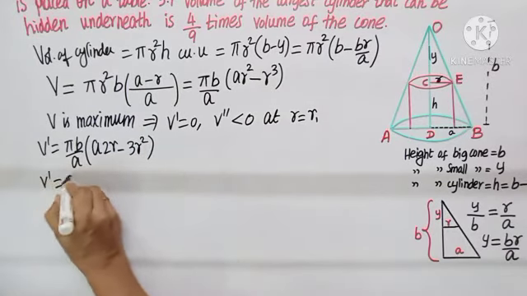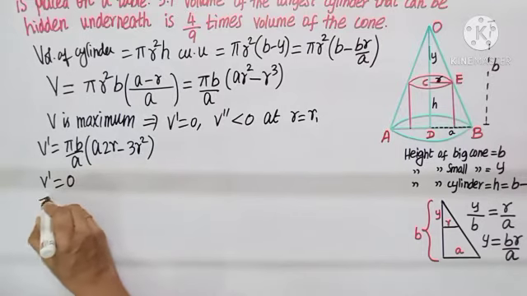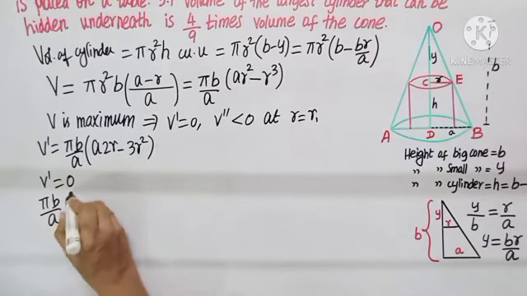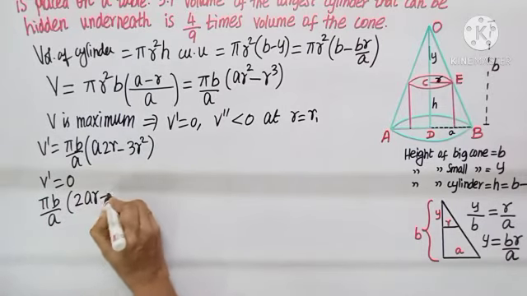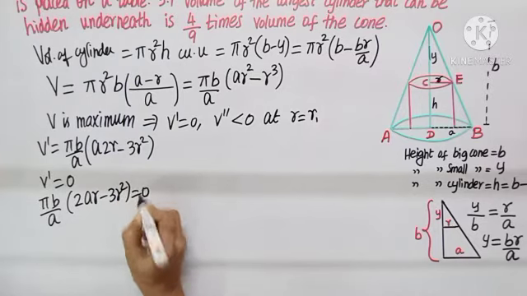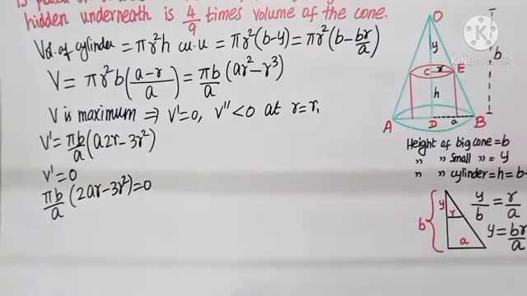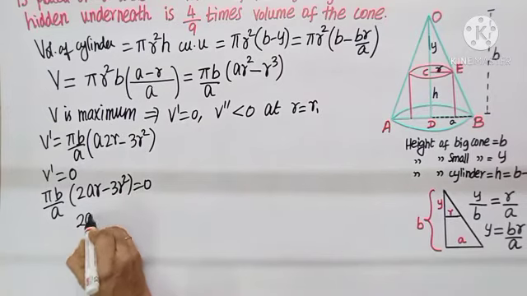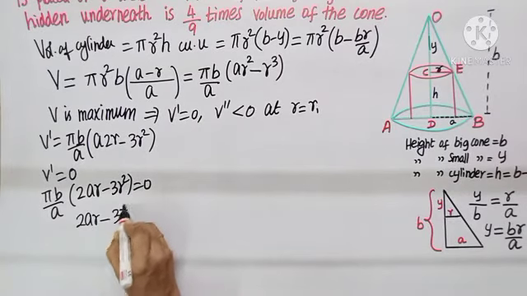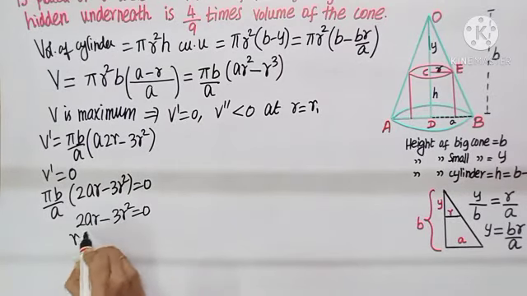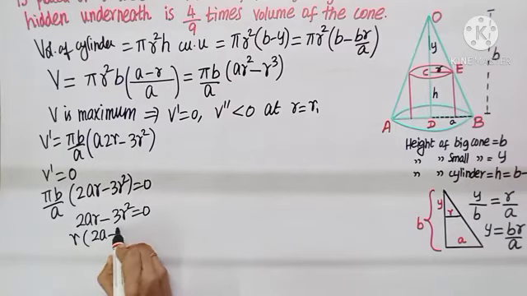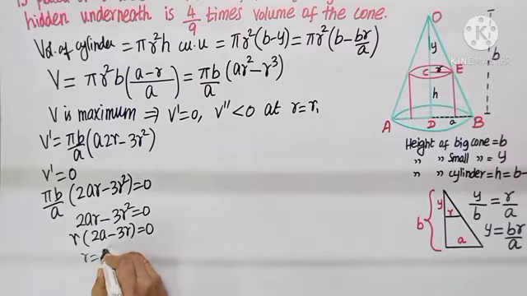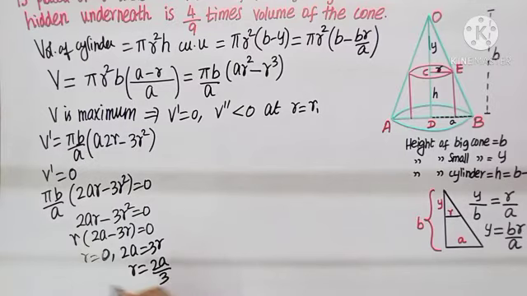Put V dash equal to 0. Pi b by A, 2ar minus 3r square 0. Or I can simplify this. 2ar minus 3r square 0. R common. 2a minus 3r is 0. R is 0 or 2a equals 3r. R equals 2a by 3.